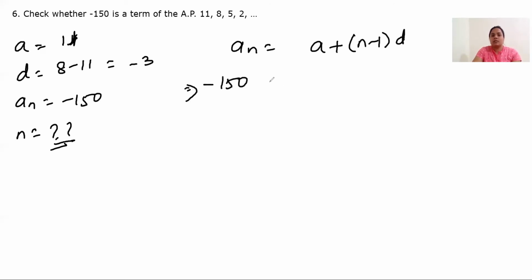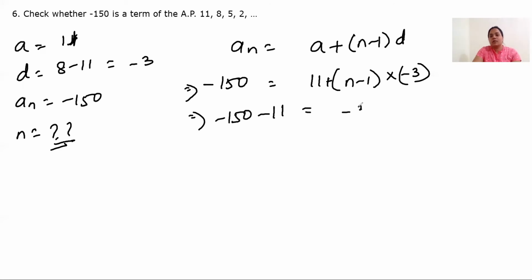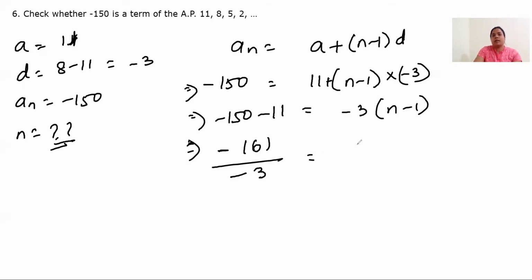Minus 150 is equal to 11 plus n minus 1 into minus 3. So minus 150 minus 11 is equal to minus 3 into n minus 1. This will be minus 161 upon minus 3 is equal to n minus 1.